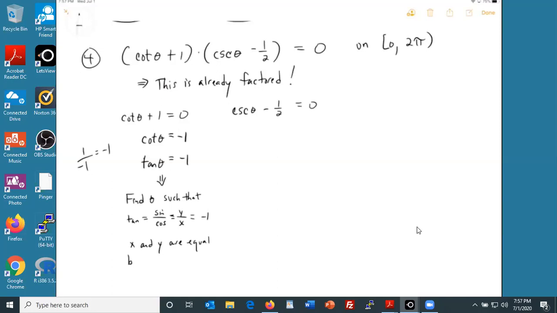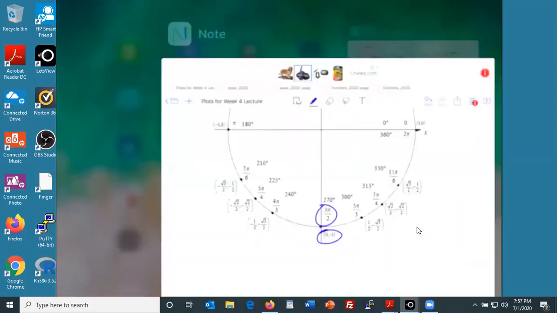Like 3 divided by -3 is -1. So like 3 and -3 are equal and opposite. So now you got to find in the unit circle there where you have x and y values that are equal in number but opposite in sign.